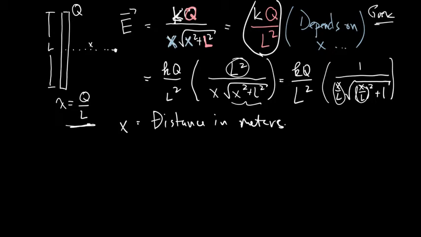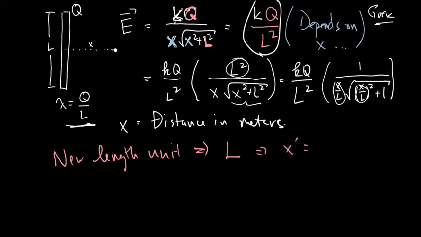So let's just pick a different length unit. We're going to pick a new length unit, and that's going to be L, the length of the rod. So I'm going to make a new length x prime, which is just x over L, and that's just a new way of measuring length.